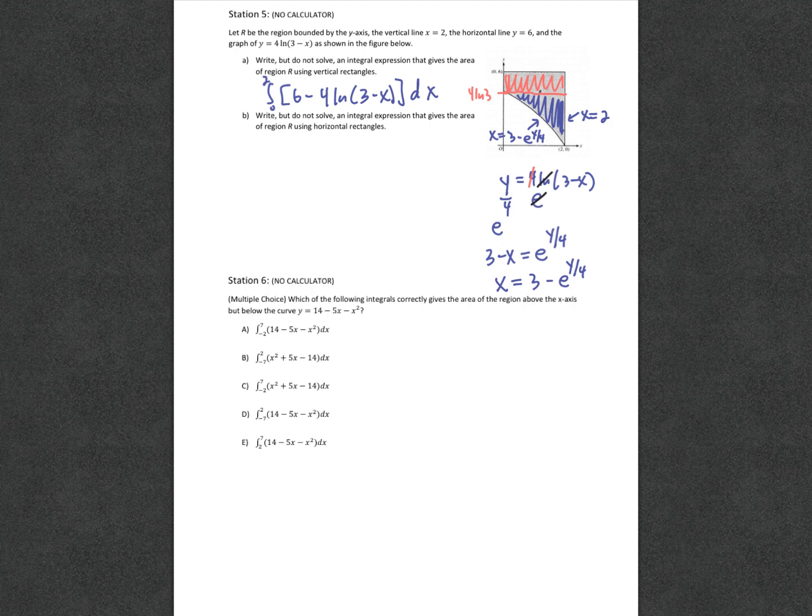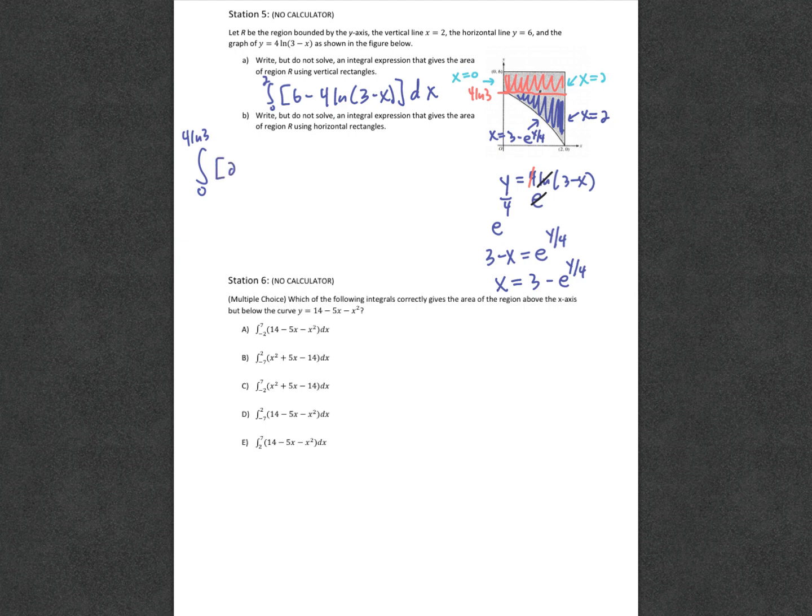Let's set up the second integral also. So this is still x equals 2 for the right, and the left here is x equals 0, just the y-axis. For the first integral, I'll do the bottom one. That'll go from 0 to 4 ln 3.